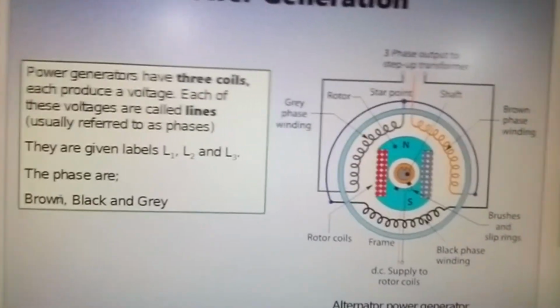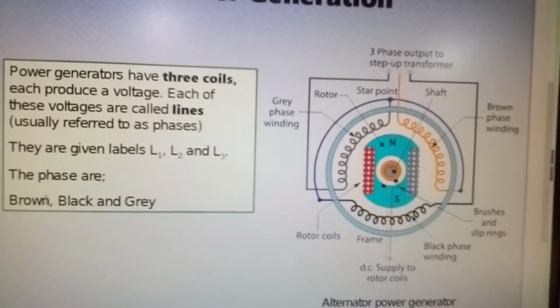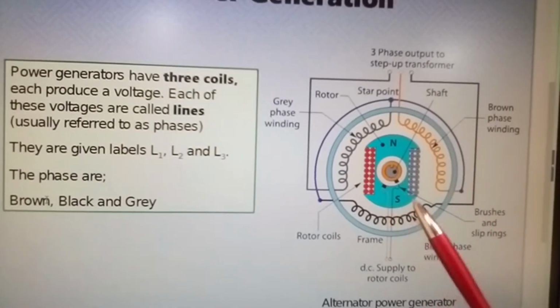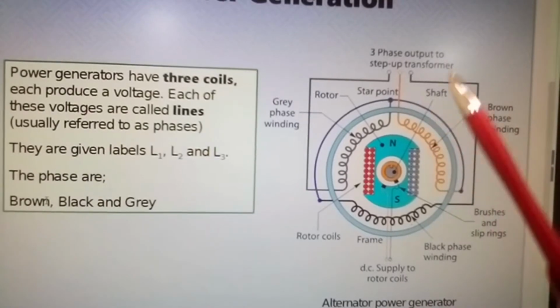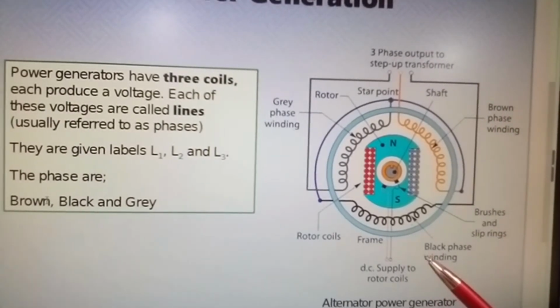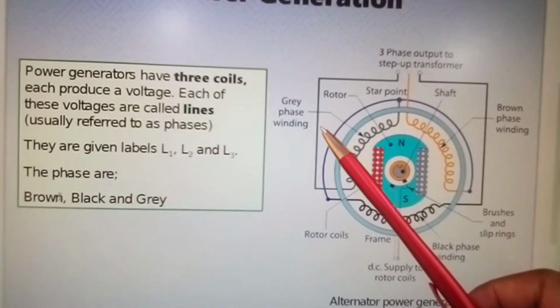And here's power generation. Now we have three phases: phase one, phase two, phase three. Our phase colors are brown phase, black phase, and gray phase.